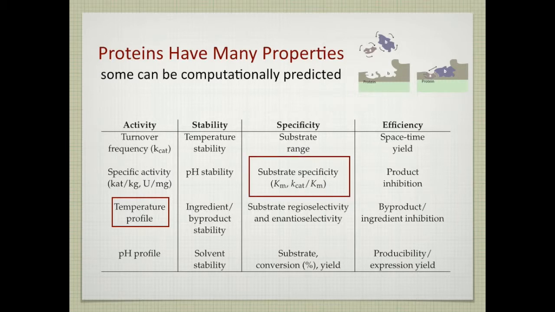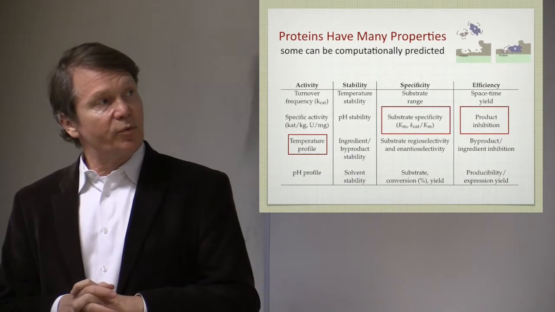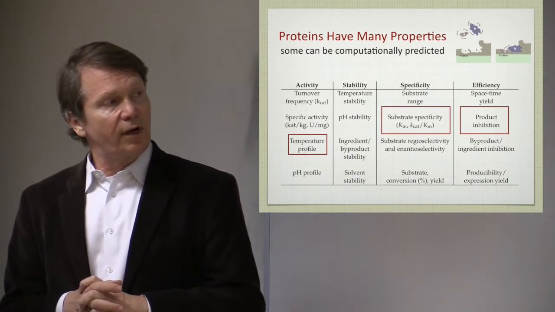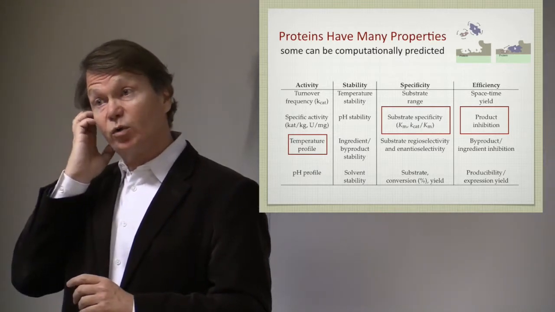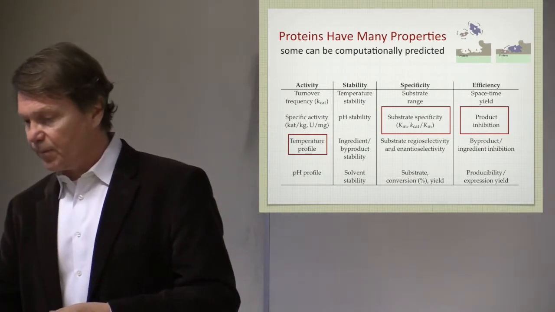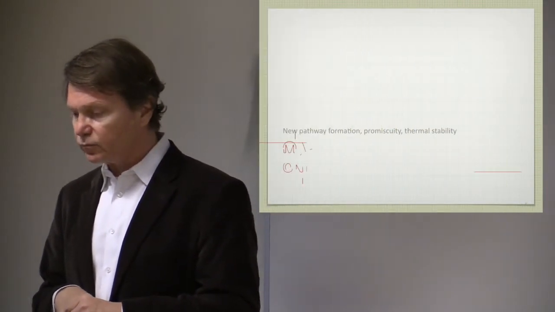Other things relate to how a substrate fits into the active site of an enzyme, and you can maybe predict whether an enzyme can act on a substrate or not. And if it cannot, you might even be able to predict inhibitory actions of molecules that bind to the active pocket and block it. So there are many of these properties that can potentially be computed, and relatively few of these so far have been computed in the context of a network function of a protein. But we'll mention some of them in here.